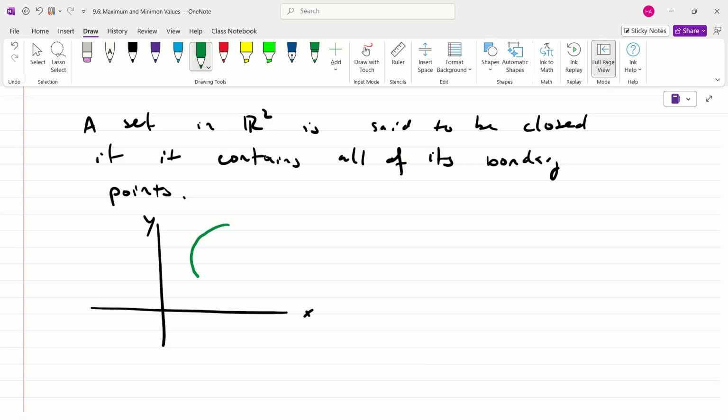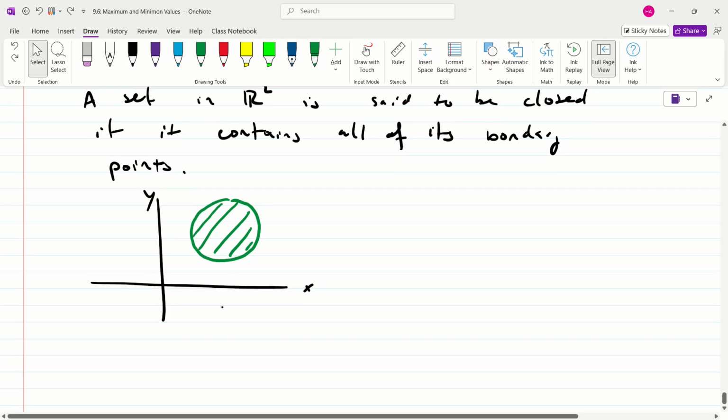Let me give you this set right here. The x's and y's, all in green, are part of my set. And in particular, the boundary of this set is the edges of this circle. And those edges for this particular set are included in my set. So in this case, this would be a closed set.